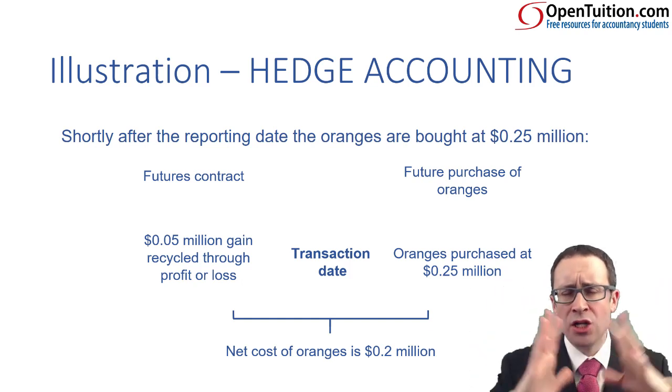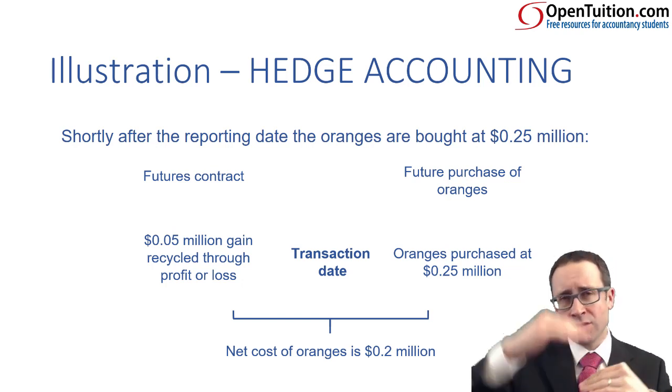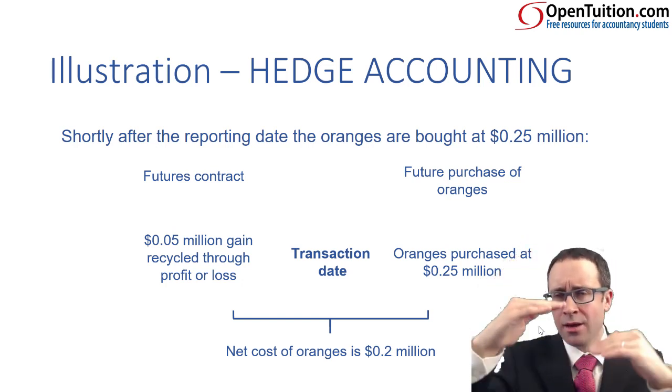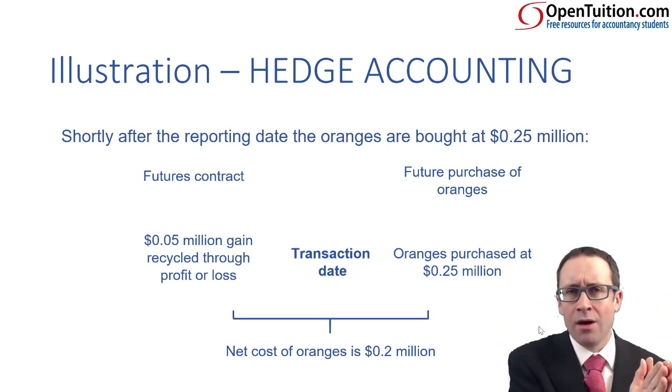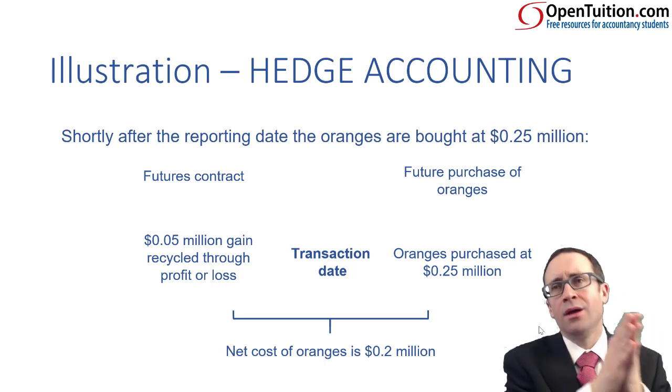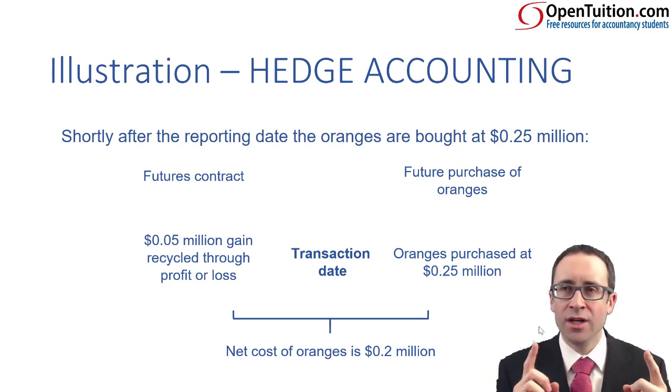We have reduced the risk. We've eliminated it entirely. Doesn't matter what happens to the value of oranges. They can go up, they can go down. But this hedge is 100% effective, because whatever gain we have on the contract, the hedging instrument, is equally offset by the loss on the item and vice versa.